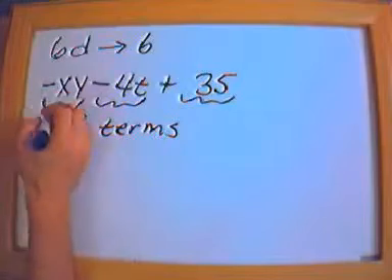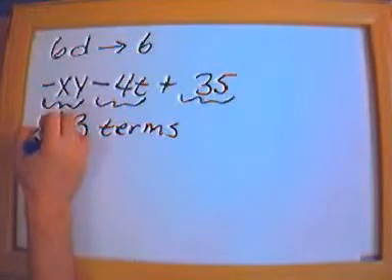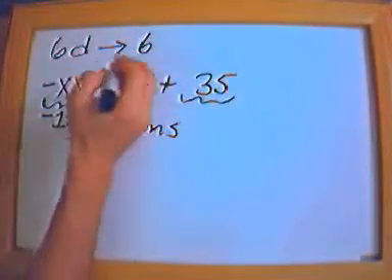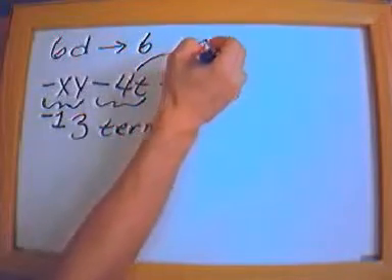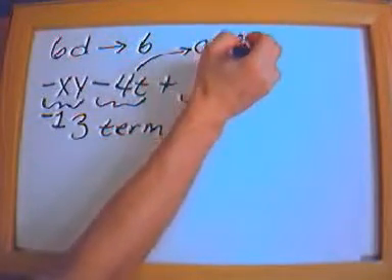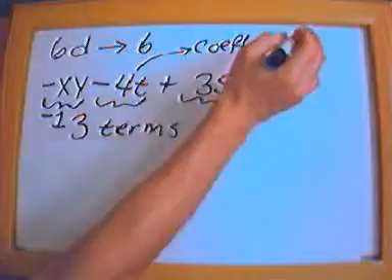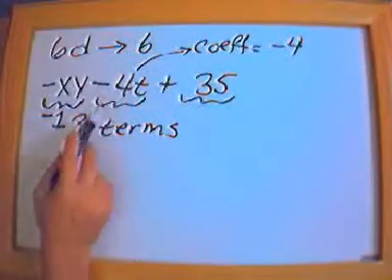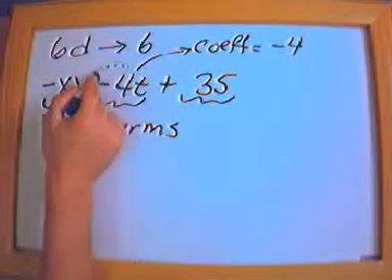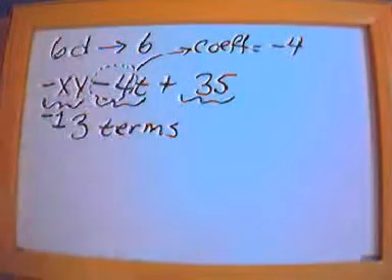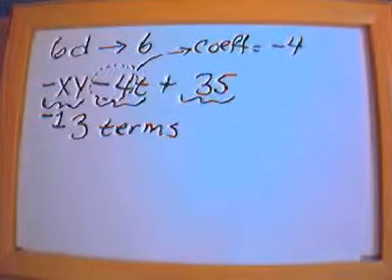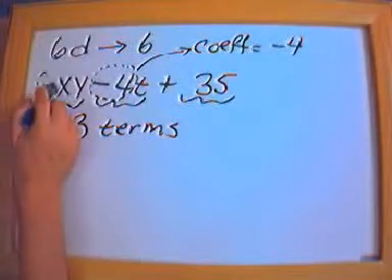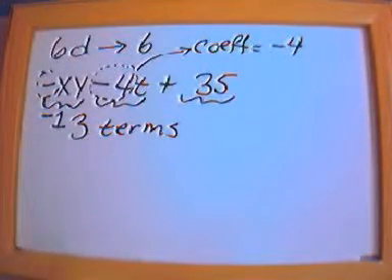So the coefficient of this one is negative 1. And just for learning purposes, the coefficient of this one is negative 4 because it's the number sitting out there. Now, it's negative xy minus 4t, but this is the coefficient sitting out there, and here a negative 1 is implied.